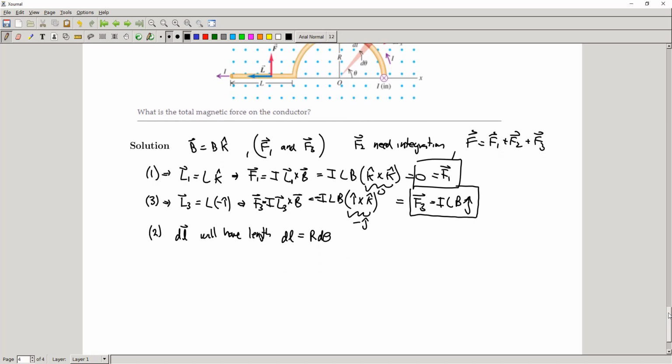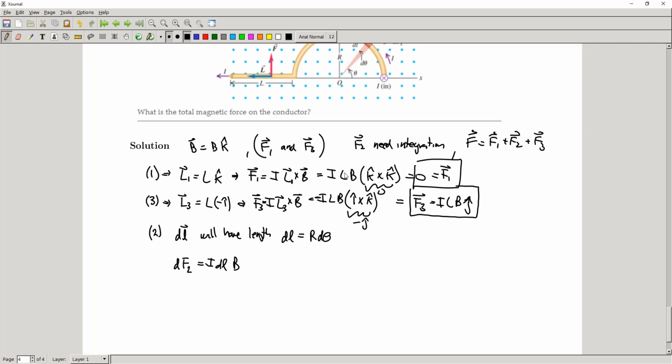So first, let's write down our expression for each tiny contribution to our force as we go around the circle. Our dF2, just to mean that we're on the circle here, is going to be equal to I dl, the magnitude that we had over here, times B. It's basically the same equation we've used over and over, but now we have dLs instead of Ls.